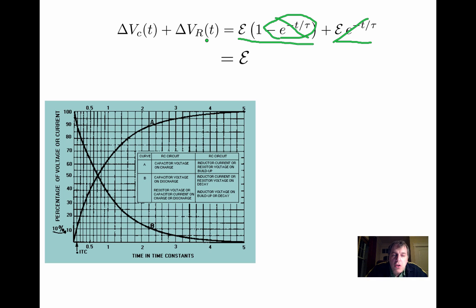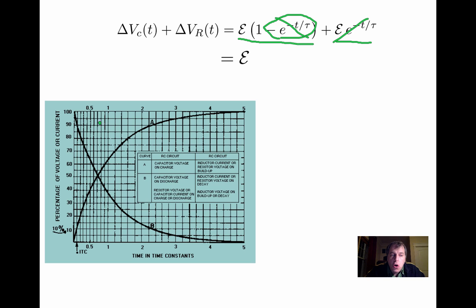So really, you get a curve like this, and you could check that if you are plotting, this is here the voltage across the resistor as a function of time, which is decreasing exponentially. And here you write it as a percentage, but for the voltage across the resistor, we start with a value equal to E, the EMF E. And if you look at the voltage across the capacitor, this one is increasing and it tends towards the EMF as t goes to infinity.